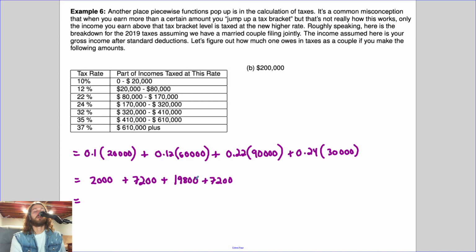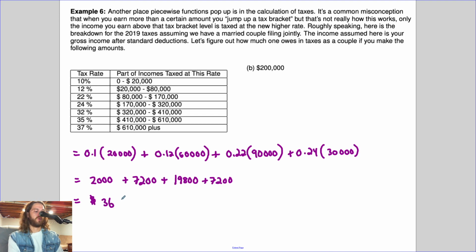17, 24, 26, I mean, 36 too. Okay, so they're going to get taxed on their $200,000.